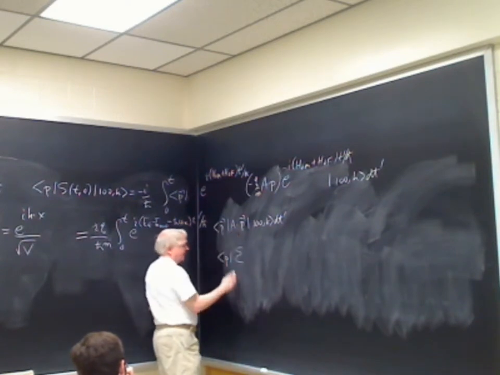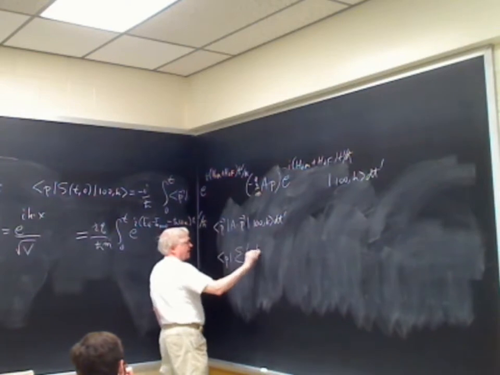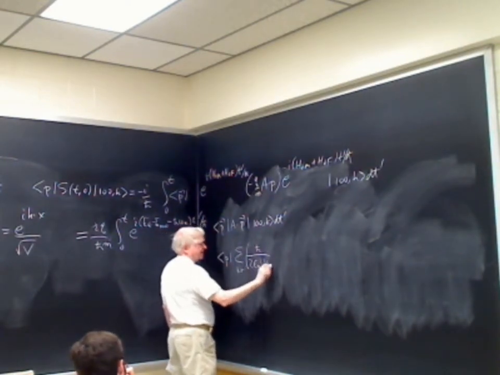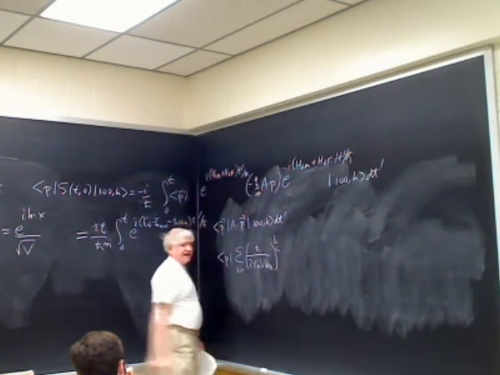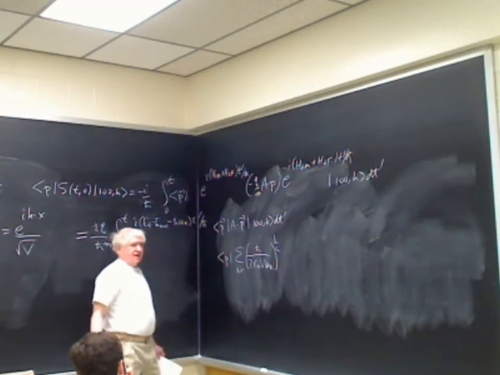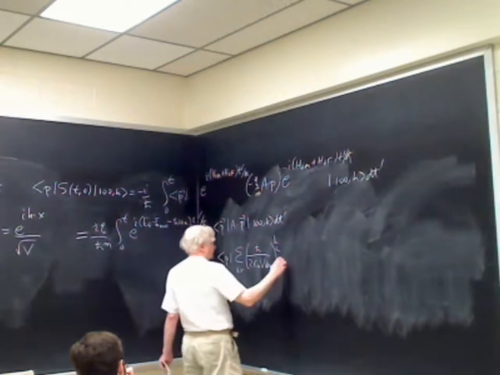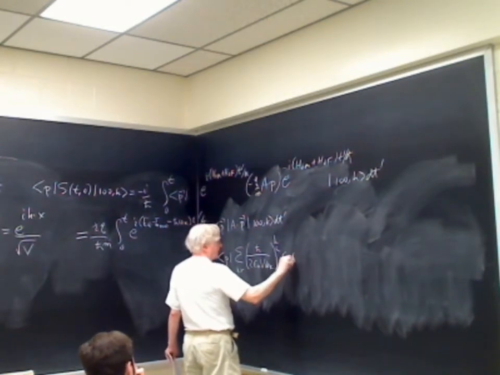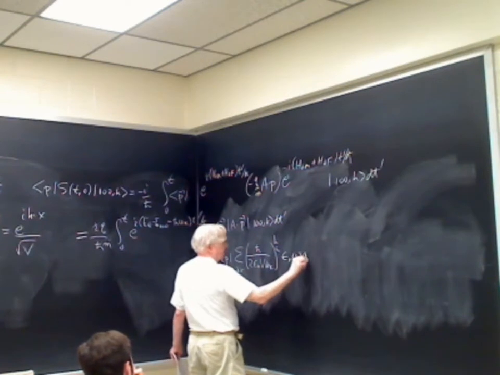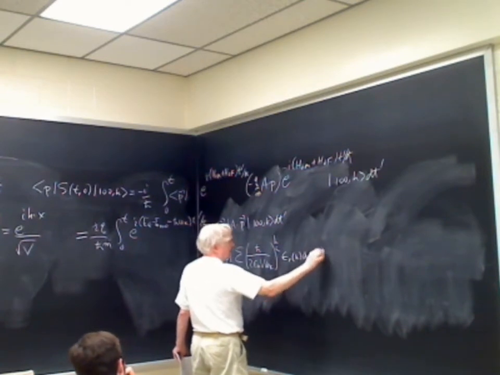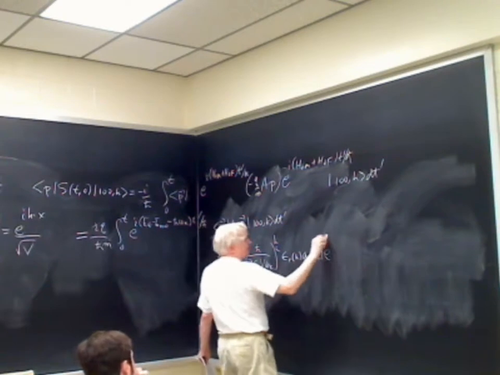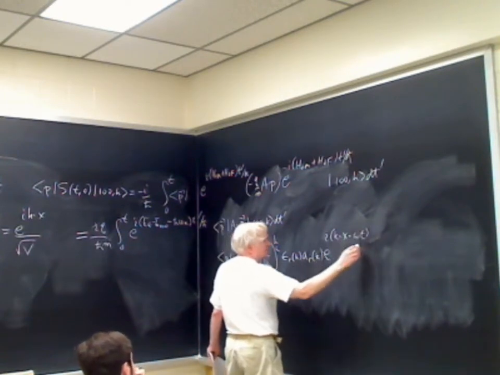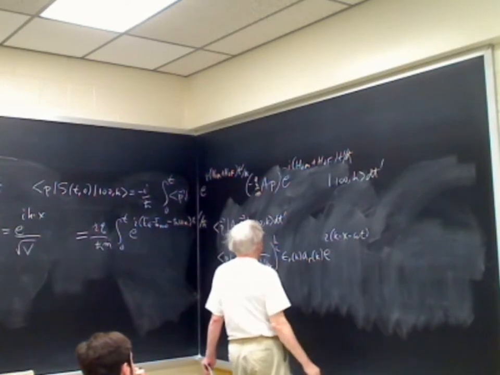We're just going to use annihilation operators, sum over k, r of h bar over 2 epsilon 0 V omega_k to the 1/2, times epsilon_r of k, a_r of k, e to the i (k dot x minus omega t).